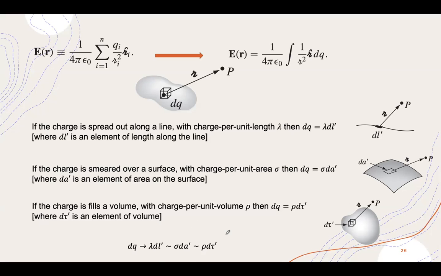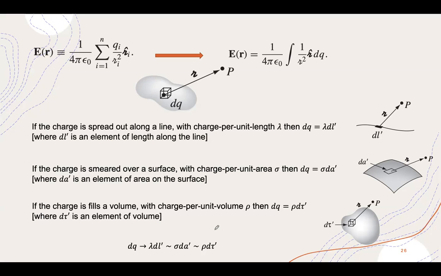Let me repeat it again. If it is one dimension, for example, this could be lambda times dx, then lambda times dx times dy, and then lambda times dx times dy times dz. This is going to be helpful to understand the overall concept of the electric field.